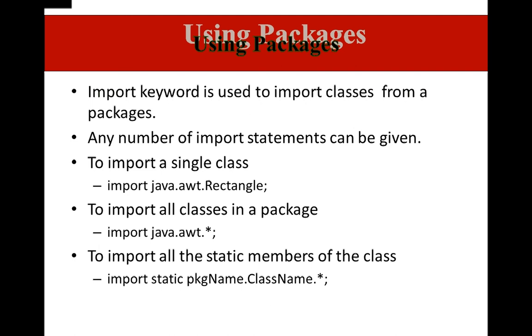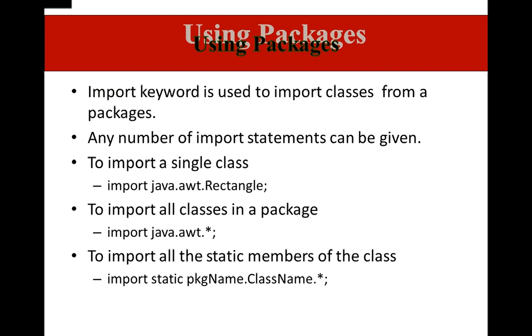And if you want to load only static members of a specific class, then you can use import static package name.class name.*, and whatever static members are available under the class you specified are available for the current class or program.